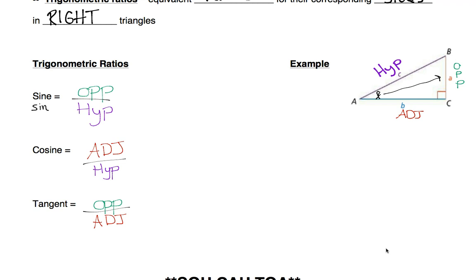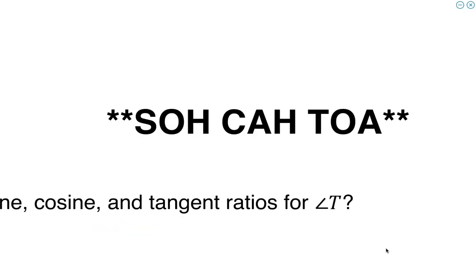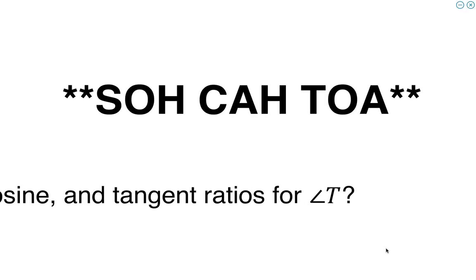That's going to be something, since this is the first time out the gate that you guys are learning this, that you're going to have to practice. And here's one of the things that we use. It's called SOHCAHTOA. Sine, opposite hypotenuse.